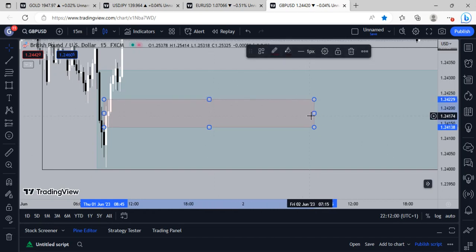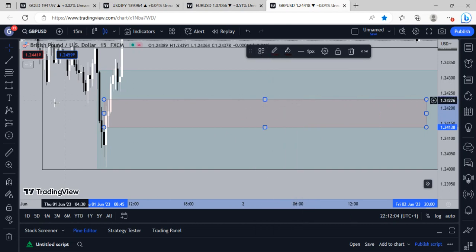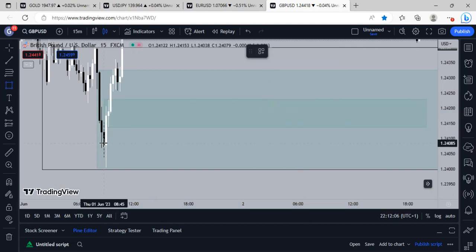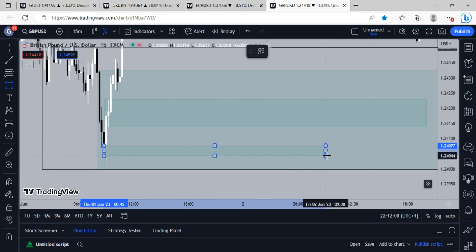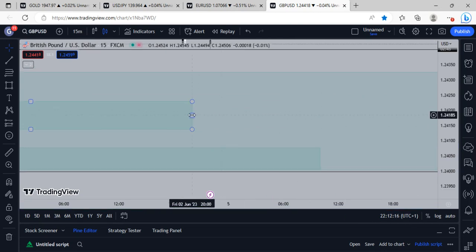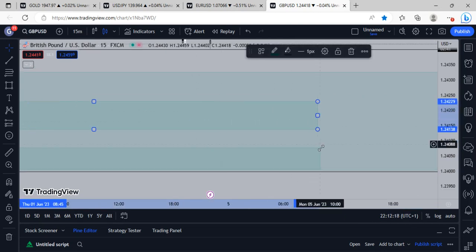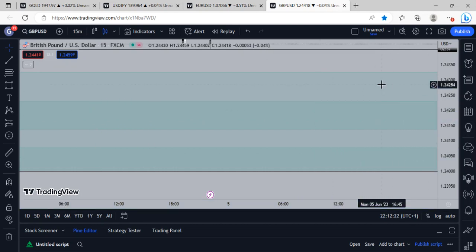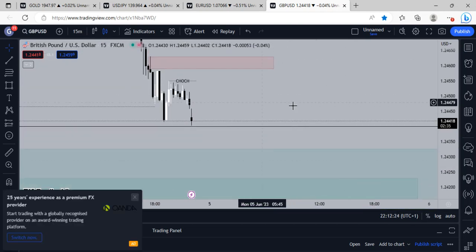That can be my order block, and this will be my extreme. So that is what I see playing out for GBPUSD. Quite a very simple analysis.